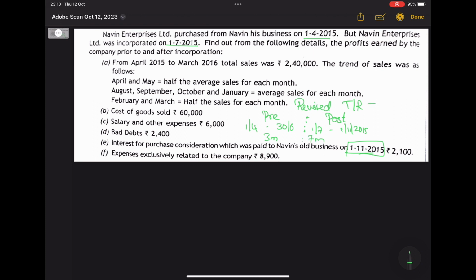So July, August, September and October: I wrote 7, but it is 4 months. So the revised time ratio will be 3:4.